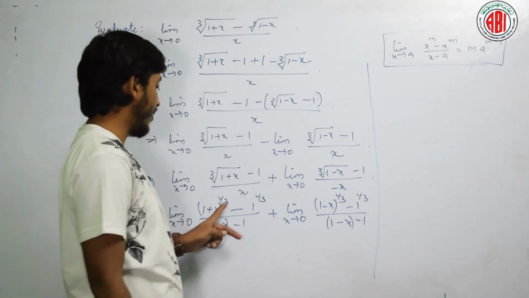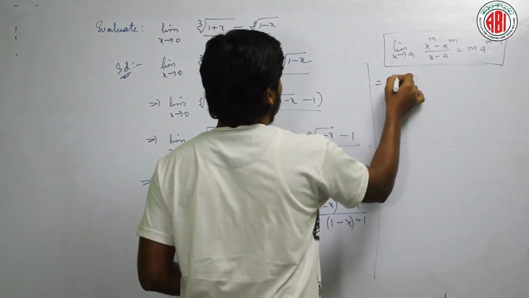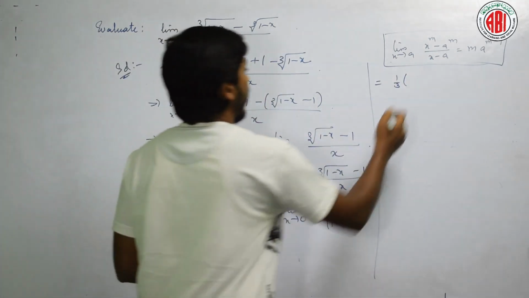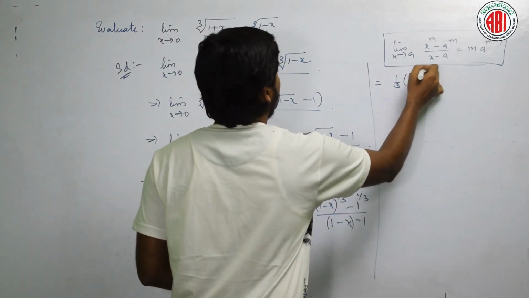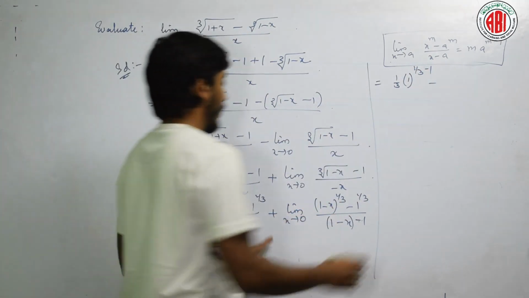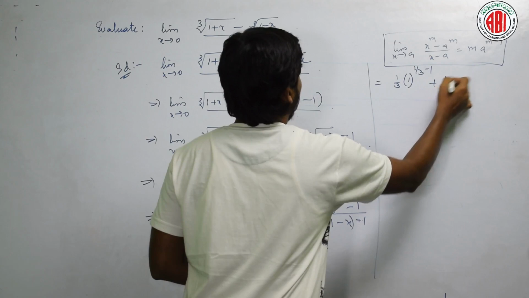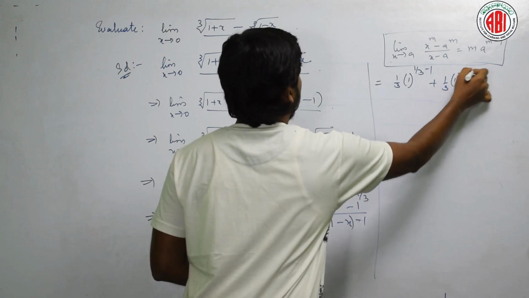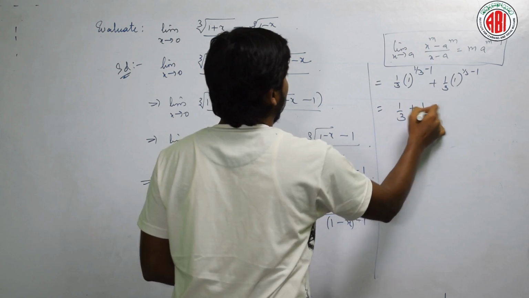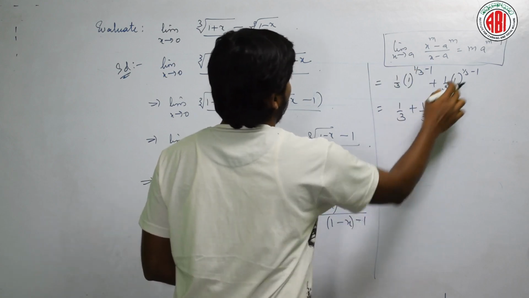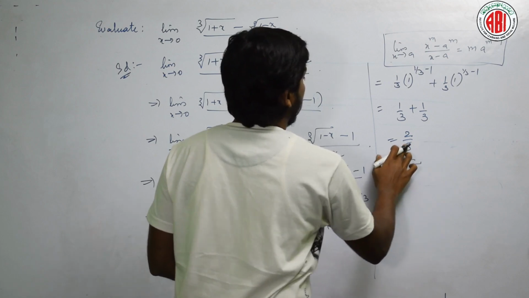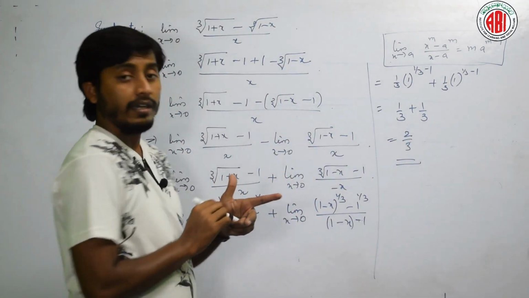Now tell me, what is m here? 1 by 3 into what is a? 1 power 1 by 3 minus 1. Obviously here also the same thing, plus 1 by 3 into 1 power 1 by 3 minus 1. 1 power something is always 1. 1 by 3 plus 1 by 3 is 2 by 3. Is it right? Did you understand?